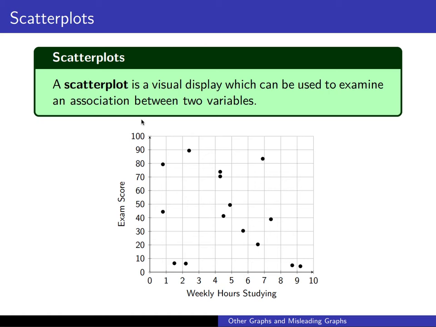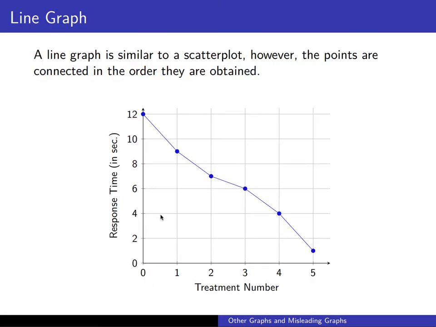In this case, taking a sample, probably about 15 or so observations, and plotting how many hours they studied each week compared to what their exam score happens to be, we can use a scatter plot to see if there's an association between the variable number of hours studying and the variable exam score. And again, we'll talk about scatter plots in more depth in a future video.